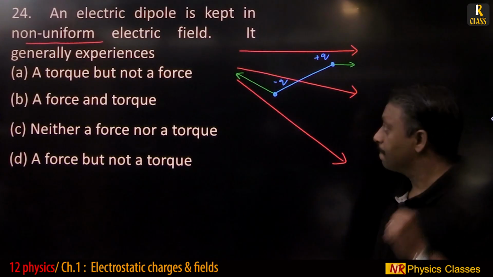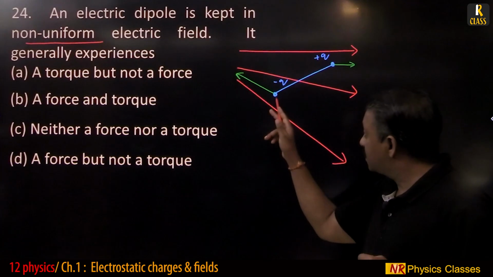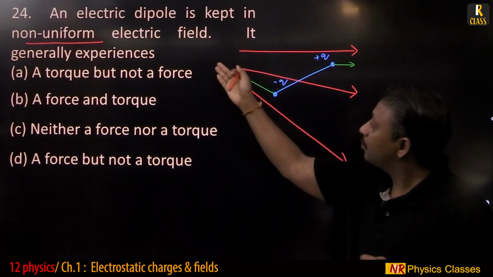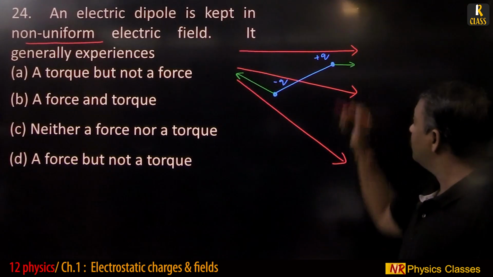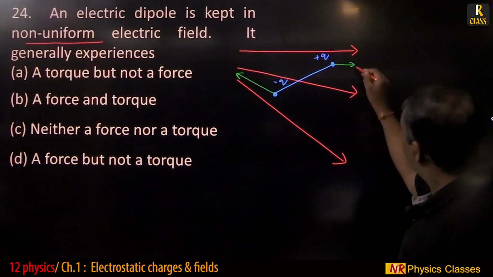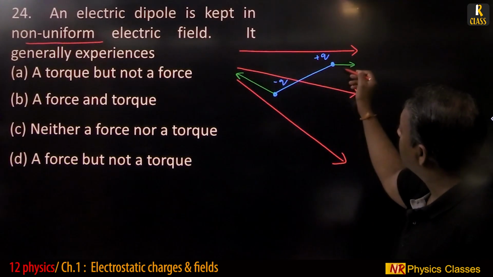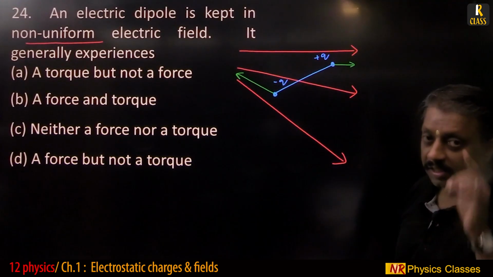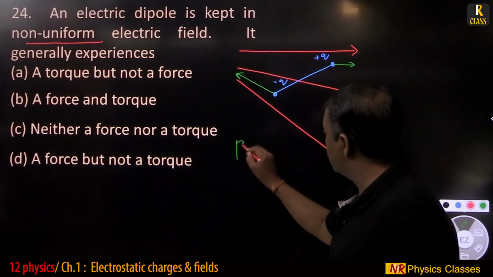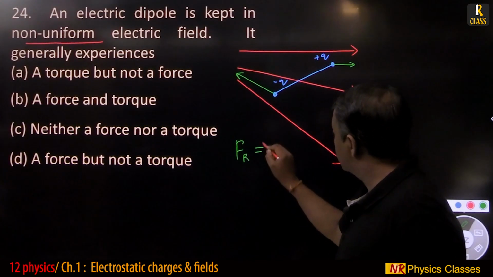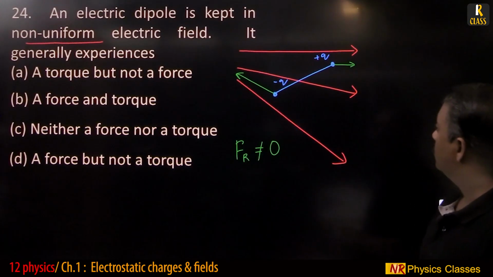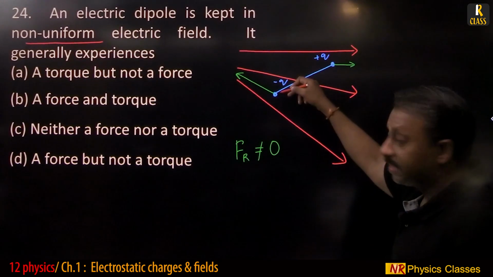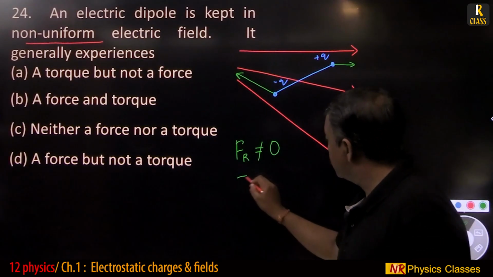Hope you understood. This negative charge is in a stronger field. Therefore, the magnitude of force is greater than this force. Unequal forces means there is a resultant force. So resultant force Fr is not equal to 0. Since these two are not acting on the same line, there is torque.